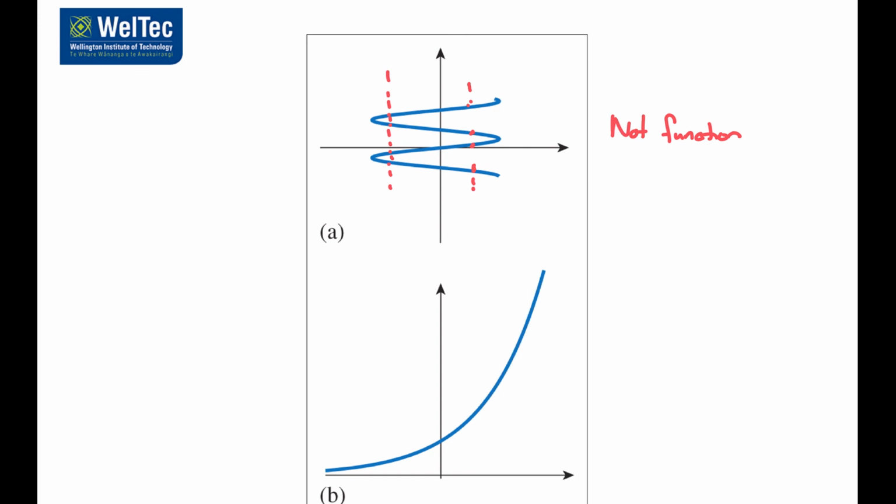If we look at the bottom picture, it is a function. Because if we say, look, every x value only has one y. Every x only has one y. So for each x, there is a unique y. And that's what gives us the idea of a function.